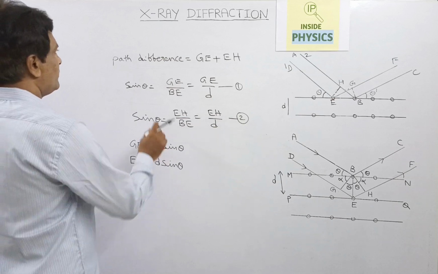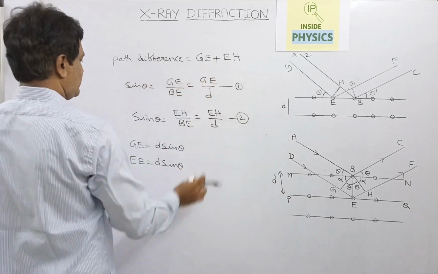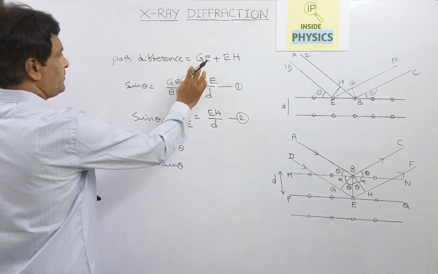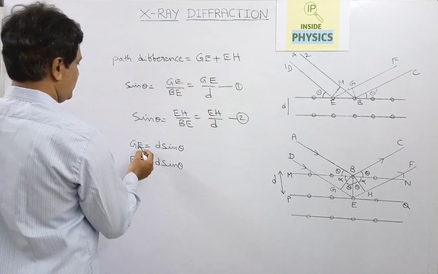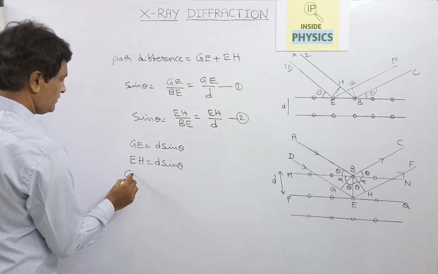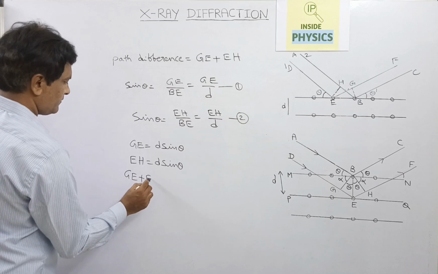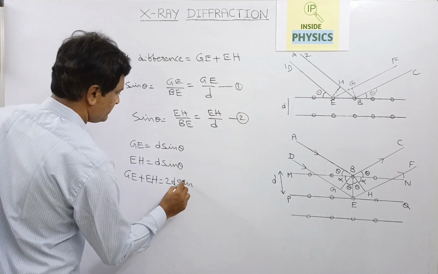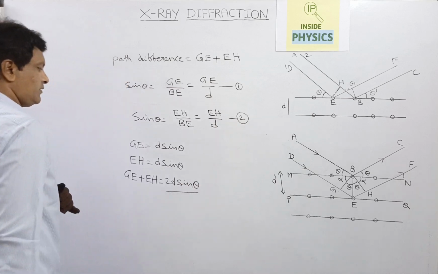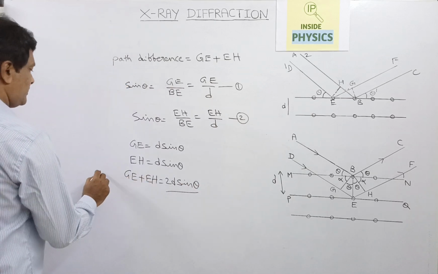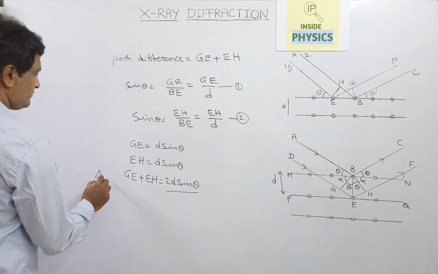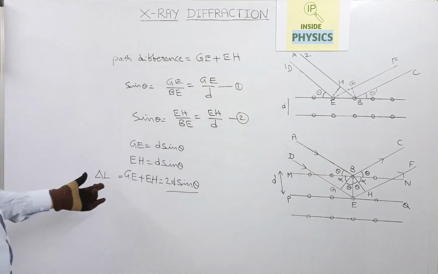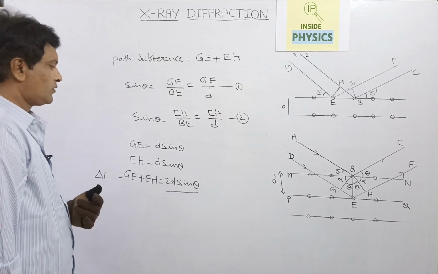What we want to know is GE plus EH, which is equal to 2d sin theta. This is the path difference. Delta L, the path difference GE plus EH, is equal to 2d sin theta.